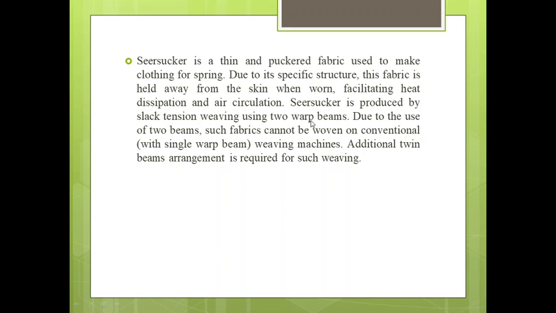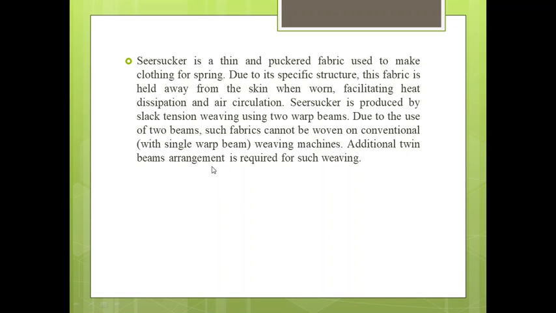Now, seersucker is produced by slack tension weaving using two warp beams. Unlike normal fabric, in which there is one series of warp threads and one series of weft threads, here you are using two warp beams. Because of this, seersucker fabric cannot be woven on a conventional weaving machine.